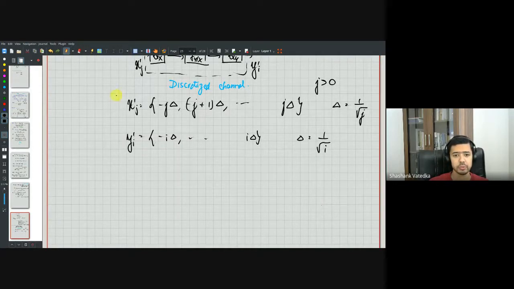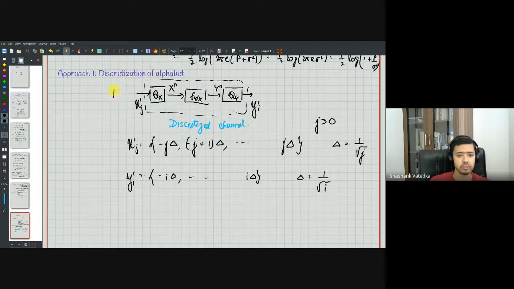So this is going to be my effective input alphabet. When I'm designing my code, I'm going to design it so that each codeword comes from this particular alphabet. At the receiver, I actually receive a real vector, but then I map it to the closest point in Y_I prime.